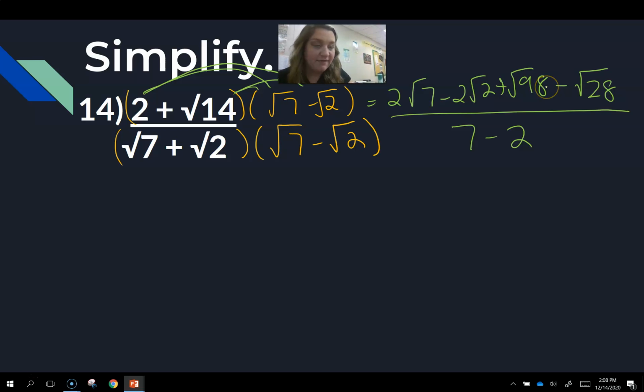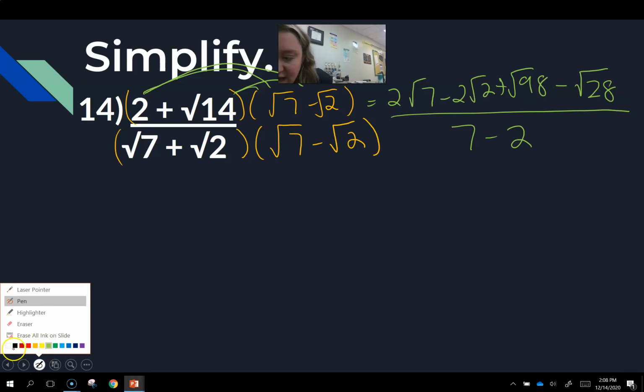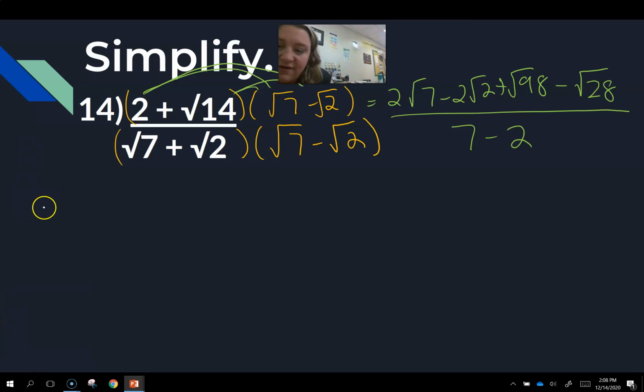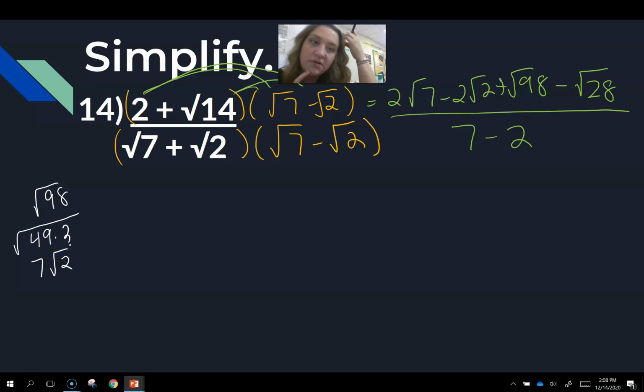Okay, I need to simplify some pieces. I don't think I've done any of these before, so I'm gonna do it over here off to the side. So I'm gonna simplify the square root of 98. Square root of 98 simplifies, let's see here, 49 times 2. So that means it's the same thing as saying 7 square root 2.